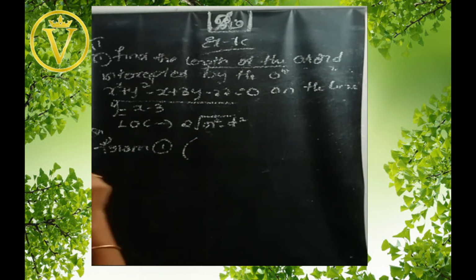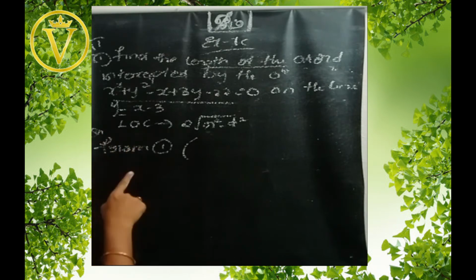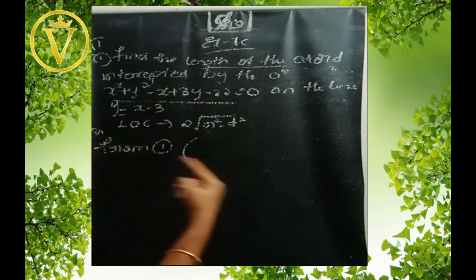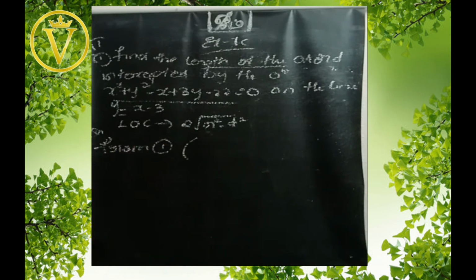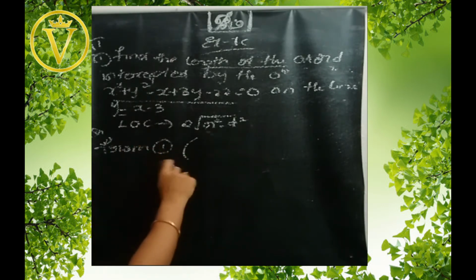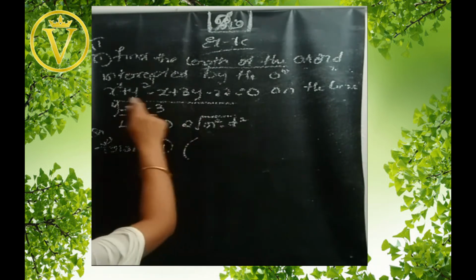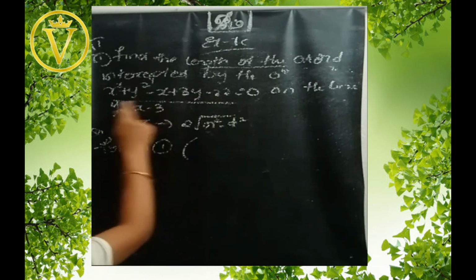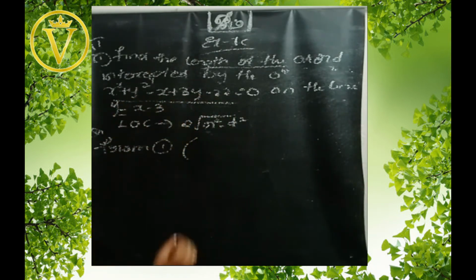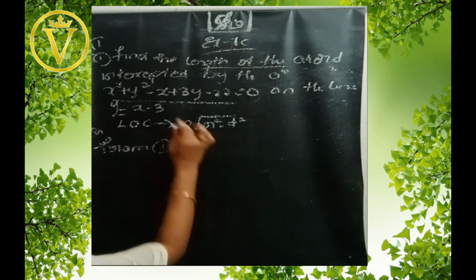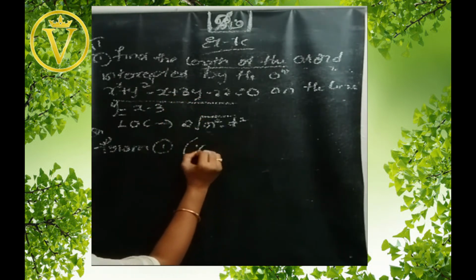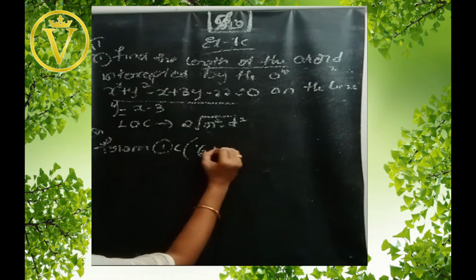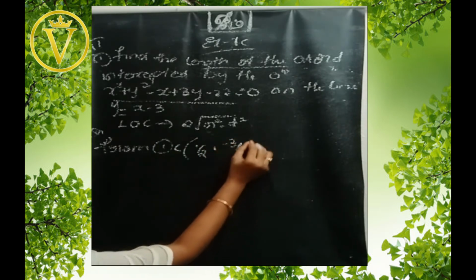We know the center from the circle equation, which is passing through the line, the perpendicular distance formula. From the circle equation, the center is 1 by 2, that means c is nothing but minus 3 by 2.